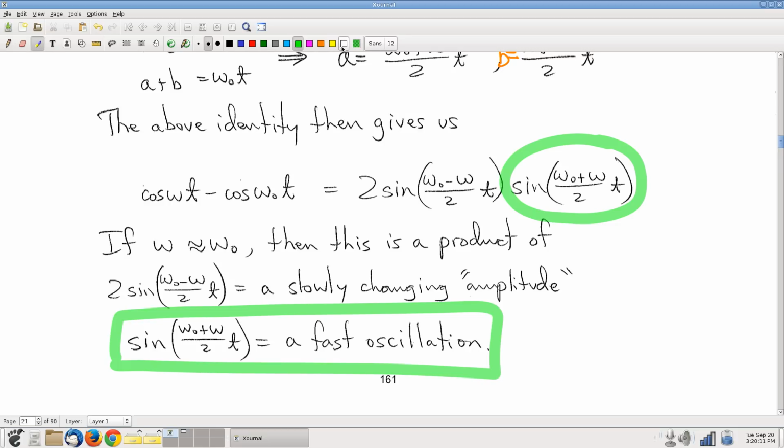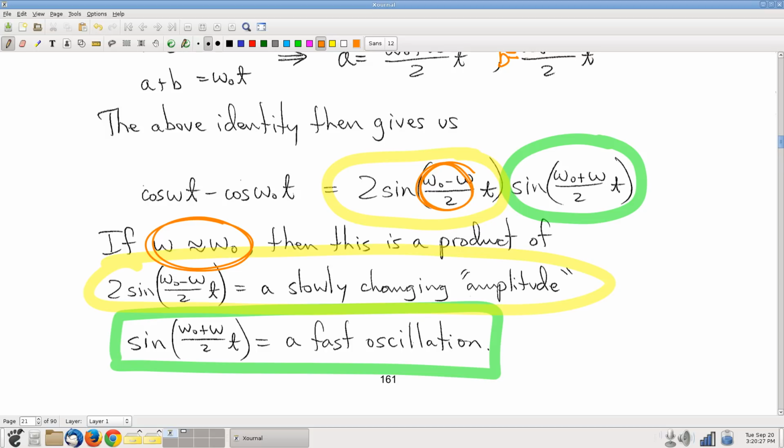And this is a slowly changing amplitude. The reason this is a slowly changing amplitude is because, keep in mind, omega and omega naught are approximately the same. That means that this difference is small. That means that this sine wave here has a very low frequency. Therefore, it's not changing very fast. So you can kind of view this as an amplitude which of course is changing, however slowly.